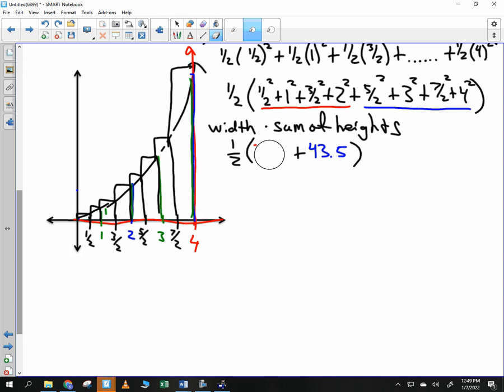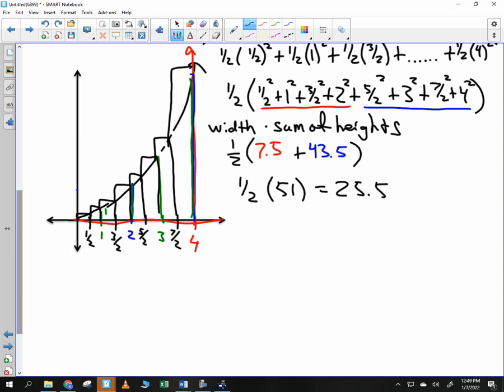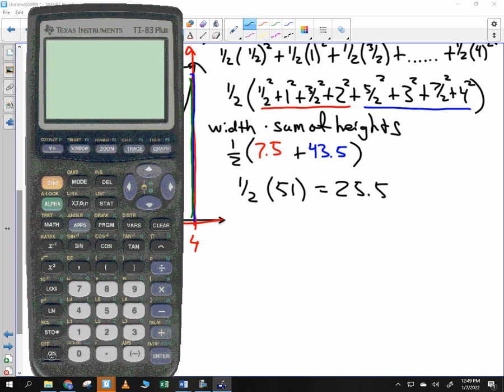Can we say with confidence 7.5? Okay, very good. Oh, you already multiplied by the half. Got it, thank you. They already multiplied by the half. So let's tally this up. I now have 1/2 times 7.5 plus 43.5 is 51, and 1/2 of 51 is 25.5.